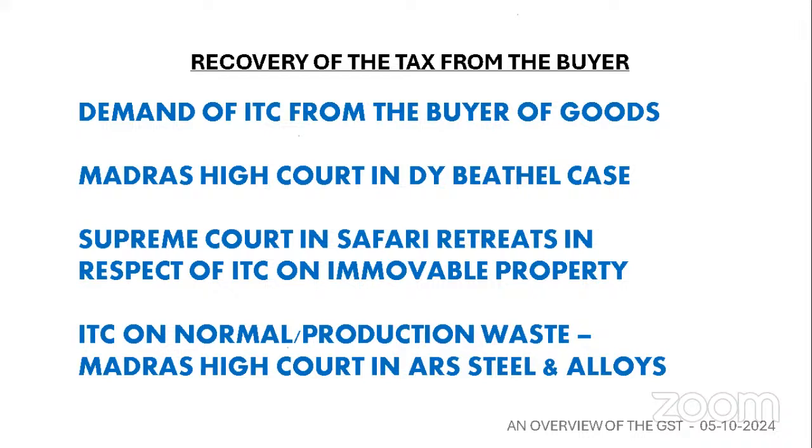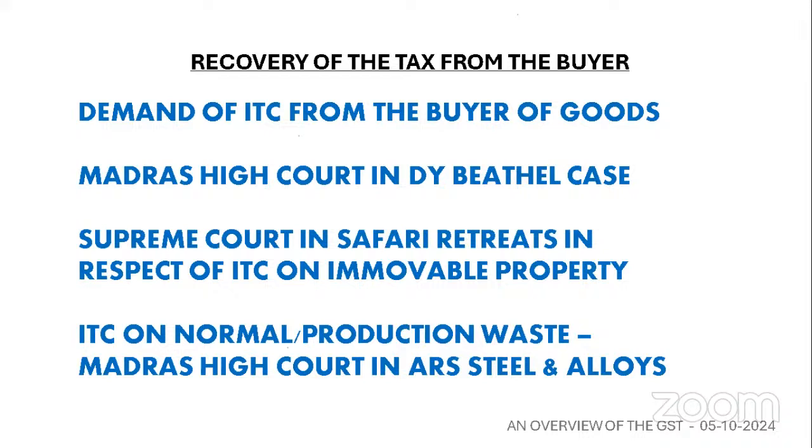Recently, the Supreme Court held that such blocking of ITC is constitutionally valid, and the GST department has won the case. Now, every person who has some ITC in respect of immovable property has to reverse this ITC. They cannot claim this particular item.